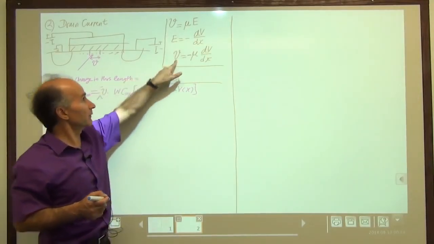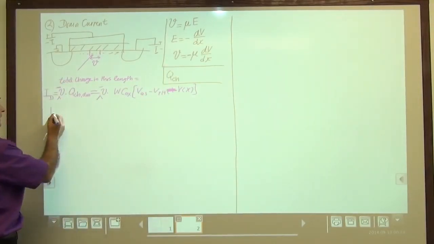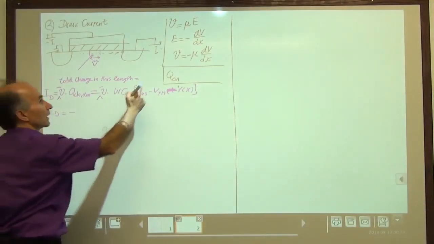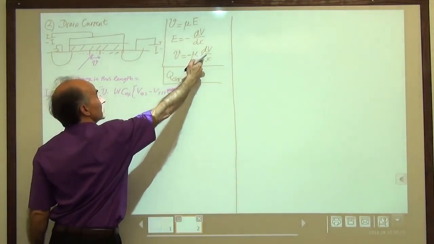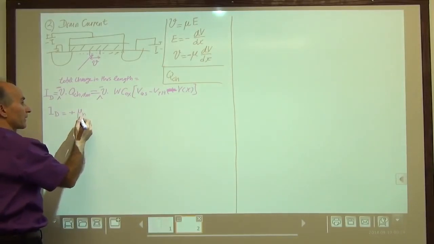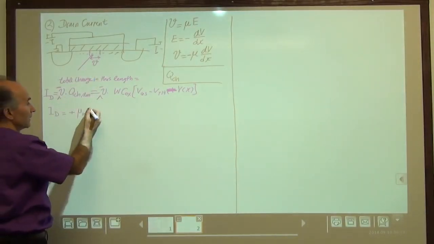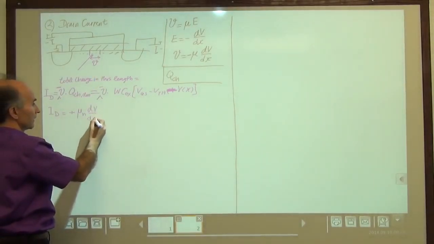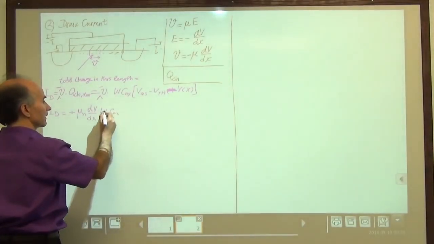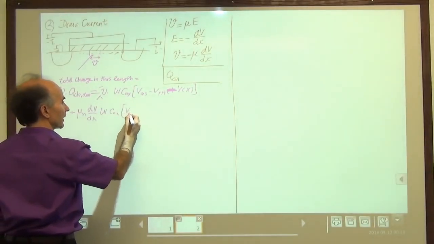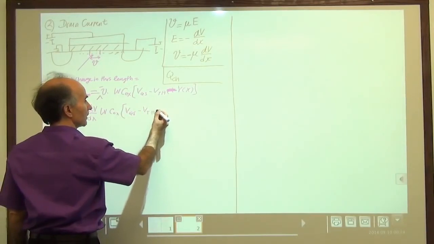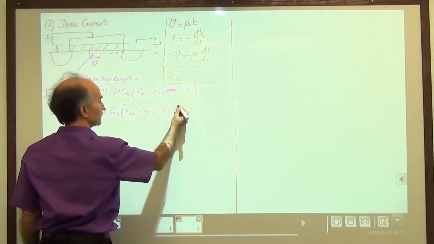So let's write out everything we have. We know the equation we have for V. So we write ID is equal to minus, so V is given by minus mu dV over dx. So that's just plus, and mu is mu n because we are dealing with electrons. dV over dx, and then all of this stuff, WCox times the VGS minus VTH minus V of x.